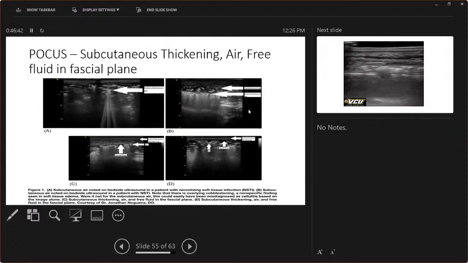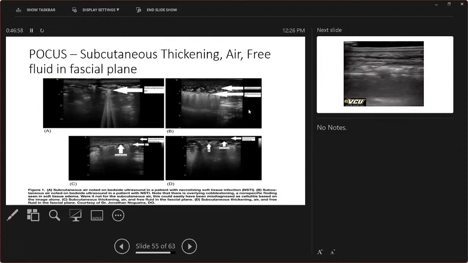You see the vertical white line here, appearing like a B line. But if you see, that is because of the air-water interface, so that means there is fluid also around there.